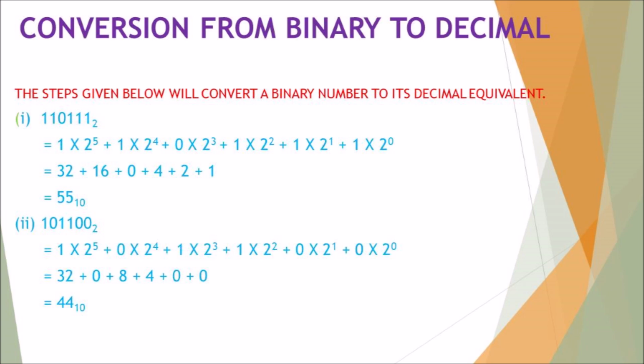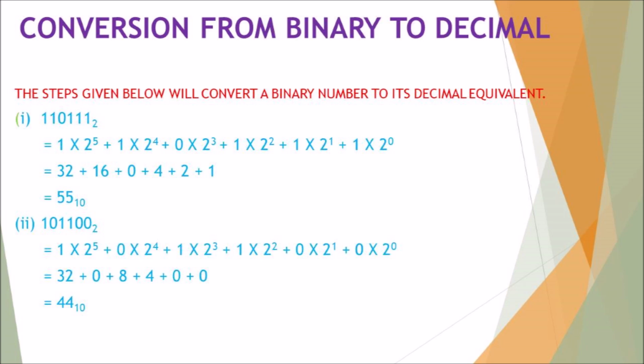So 1 into 2 power 0, 1 into 2 power 1, 1 into 2 power 2, 0 into 2 power 3, 1 into 2 power 4, and 1 into 2 power 5. Like that, from the rightmost bit you write the terms and calculate. 2 power 5 is 32, so 1 into 32 is 32, and 1 into 2 power 4 is 16.